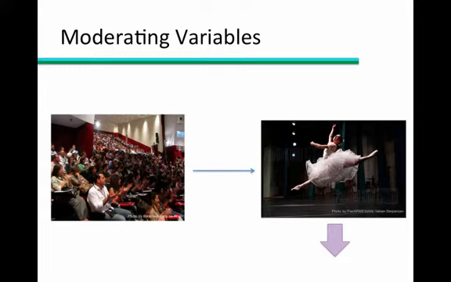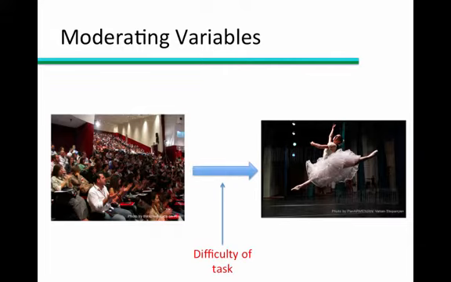Finally, a new study found that the relationship between the two variables depended on the difficulty of the task being performed. If the task was an easy one, then an audience facilitated performance, and if the task was a difficult one, it inhibited performance. It should be remembered that moderating variables don't always completely reverse the relationship between two variables. Sometimes they increase the strength of the relationship, and sometimes they decrease it.